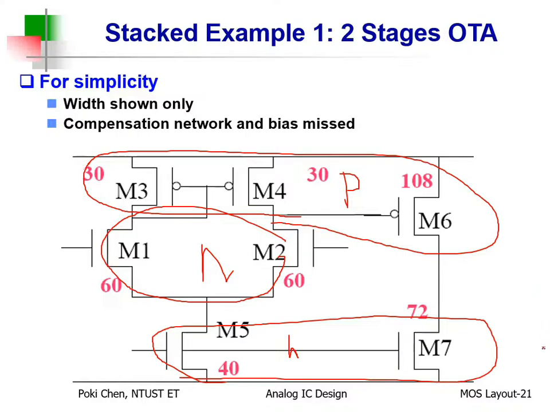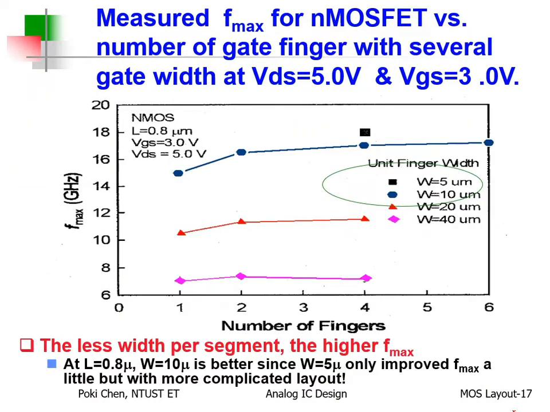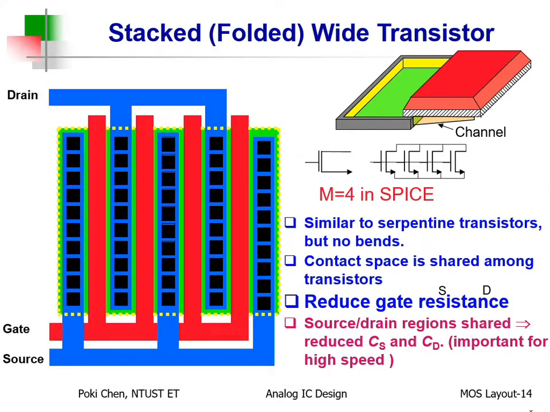However, to stack the layout for all those three groups, we need to fine-tune the width. I told you we don't care about the length, but to stack all of them just like this one, all the fingers need to have the same width in this direction.